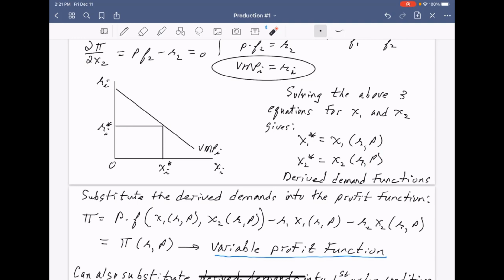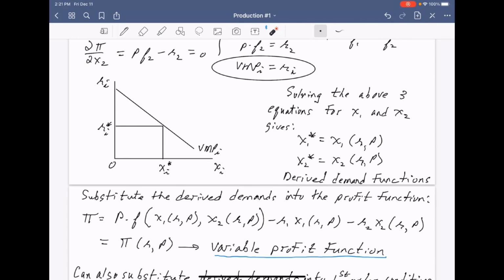Now we can take this result, VMPi equals Ri, and show that graphically, where we have the input price on the vertical axis and the input usage on the horizontal axis.